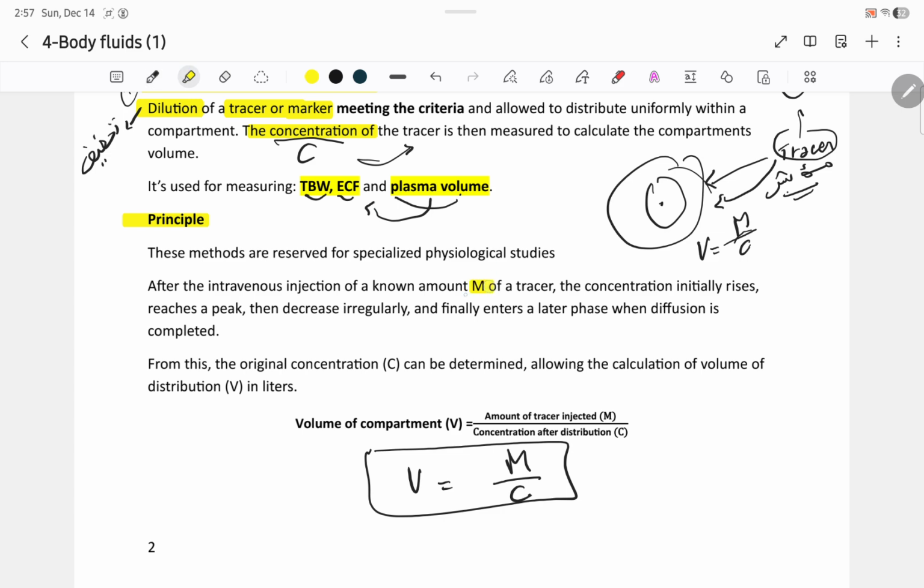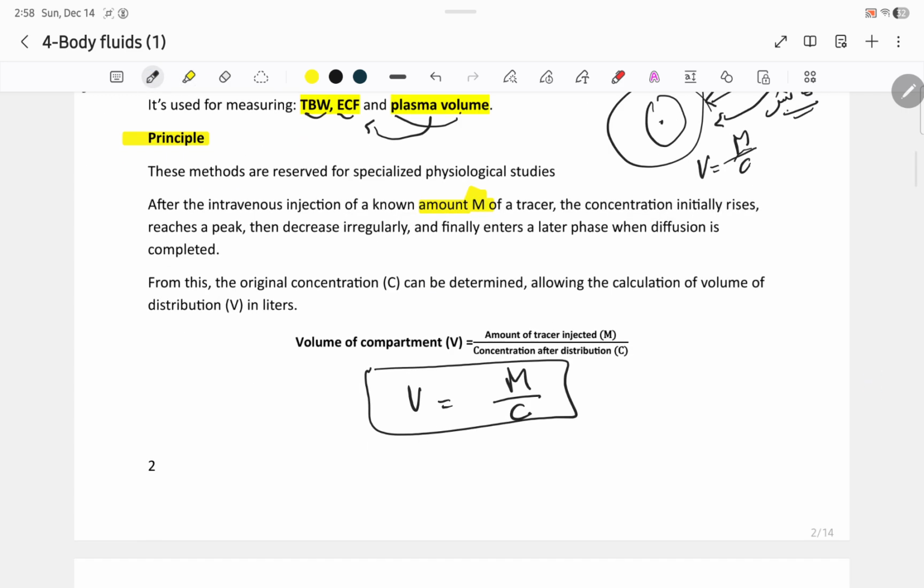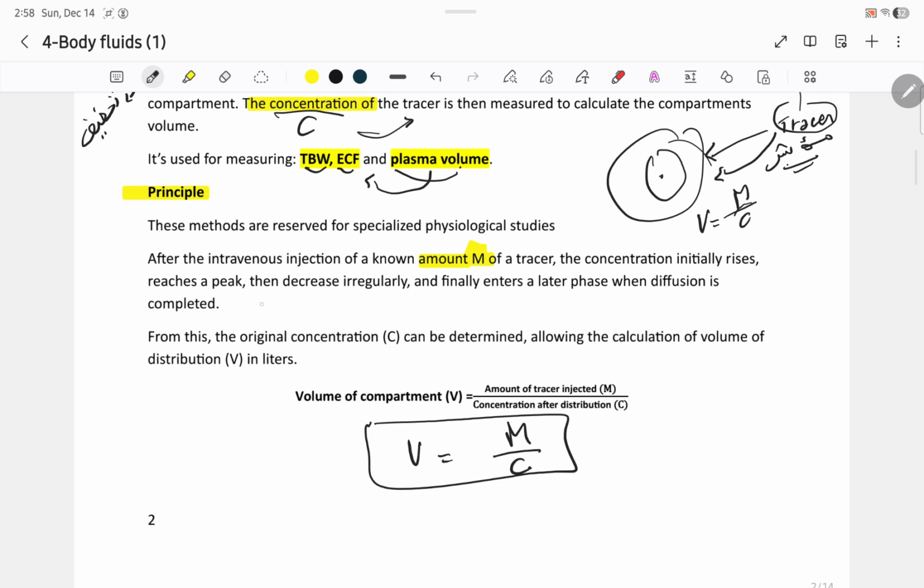We know the amount of this tracer, which is big M. The concentration initially rises, reaches a peak, then decreases irregularly, and finally enters a later phase when diffusion is complete. After the diffusion of this tracer in the compartment, we know what this concentration is. From this, the original concentration can be determined, allowing the calculation of the volume of distribution.